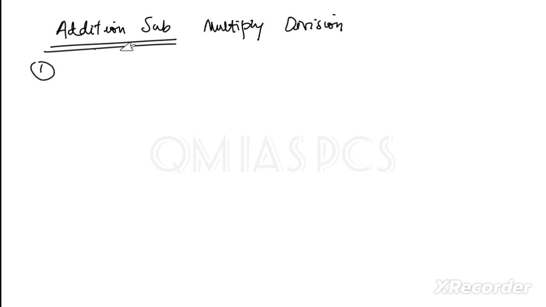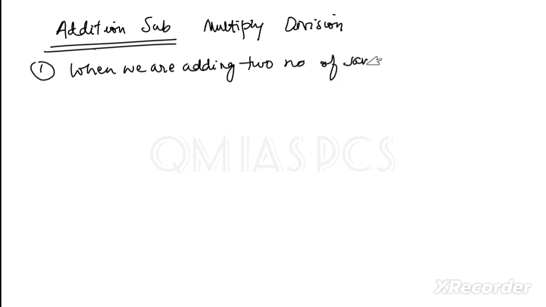Whenever we are adding two numbers of the same sign, you can make a note of this. When we are adding two numbers of the same sign, what will be the result?